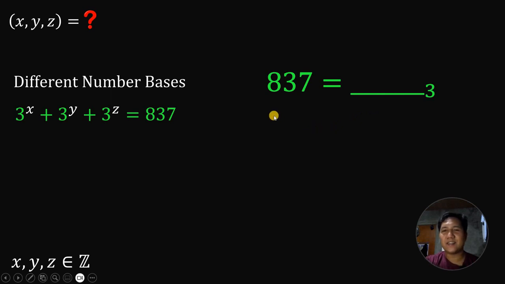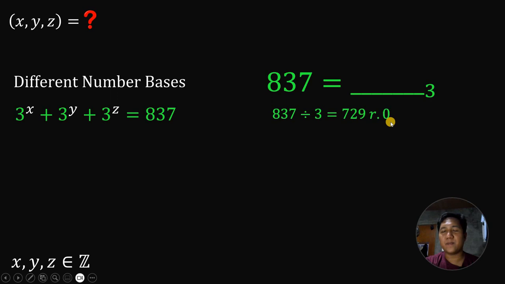Now, the question is how to convert 837 in base 10 to base 3. Here's the easiest way to convert a decimal number to base 3. First, let's take this number and divide it by 3, get the quotient and get the remainder. So 837 divided by 3 gives us 279 remainder 0.